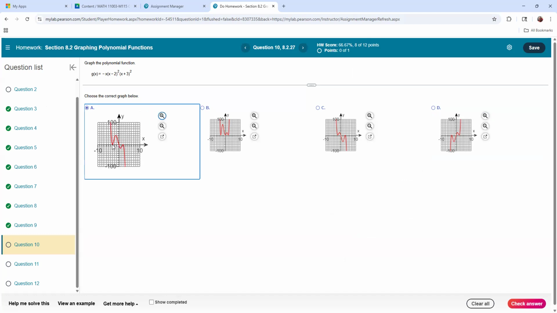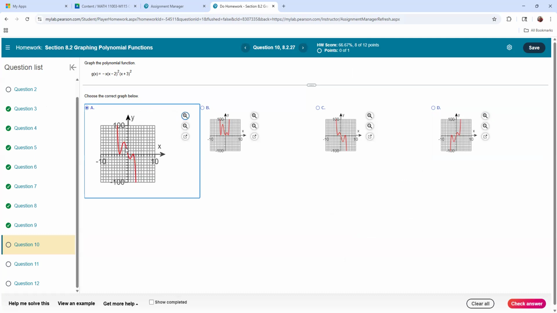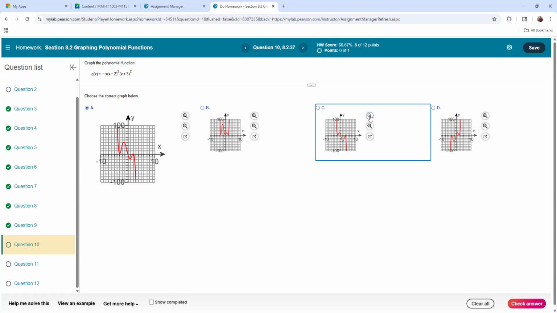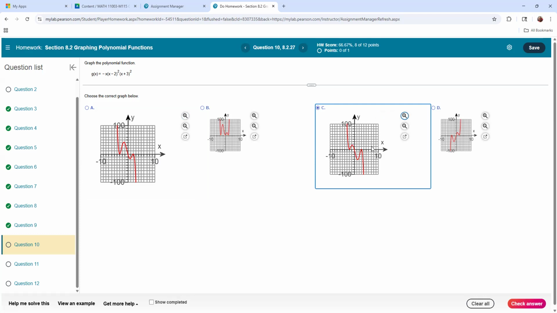Touching at -3 on the left side and then +2. You see the difference? If you look at C, it's touching at -2 on the left side and +3. So we needed the one that was at +2, -3. So we would have went with A on that one.